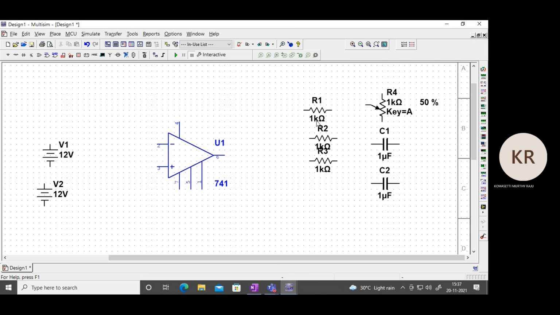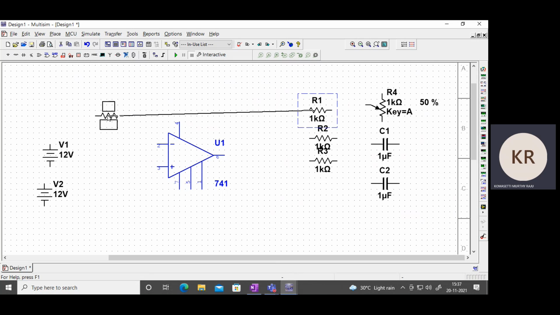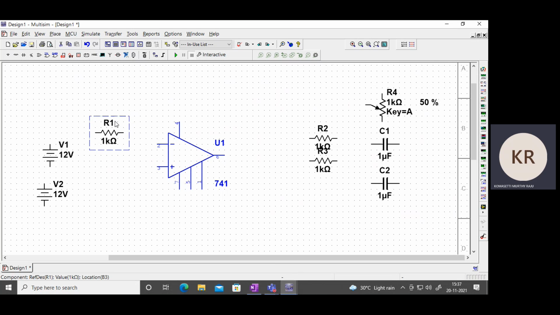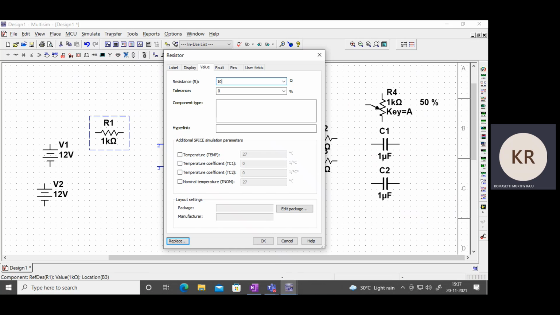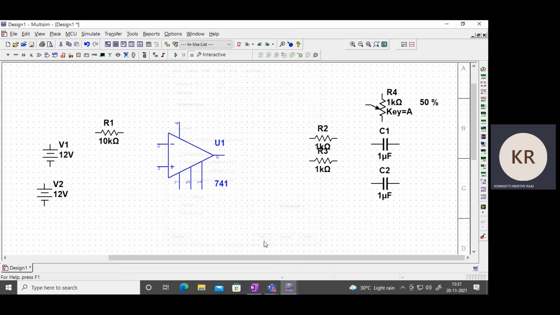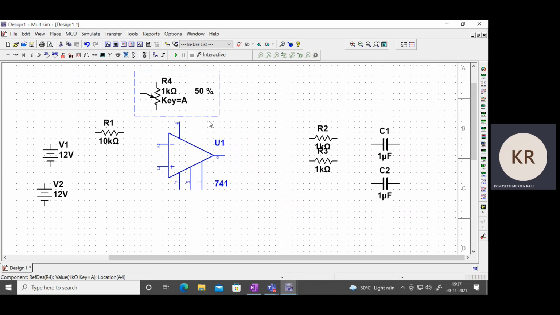Okay, here a 1 kilo ohm resistance is placed here. Its value is changed to 10 kilo ohm. And the potentiometer is placed here. Click on that one to see the potentiometer value.